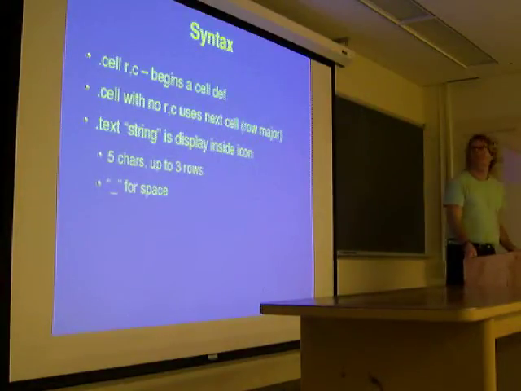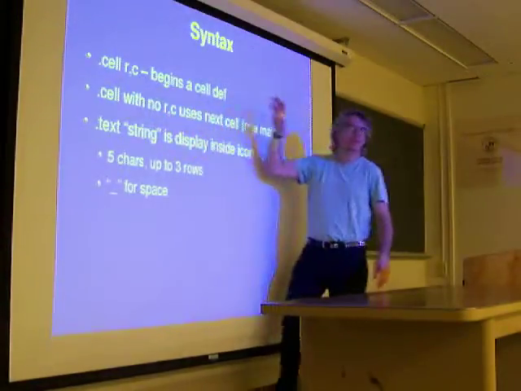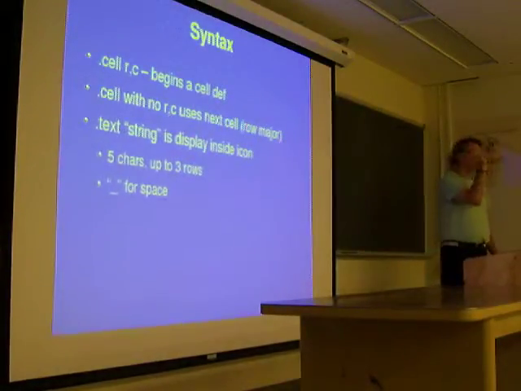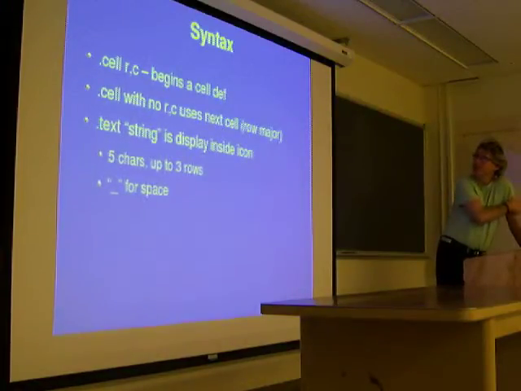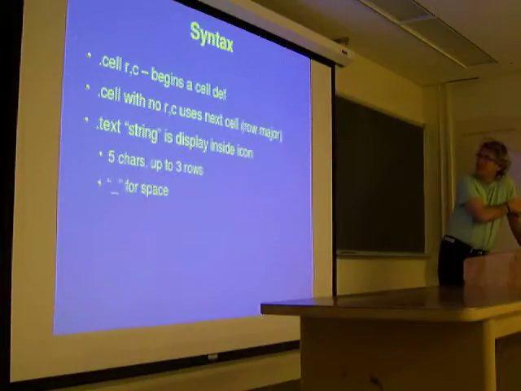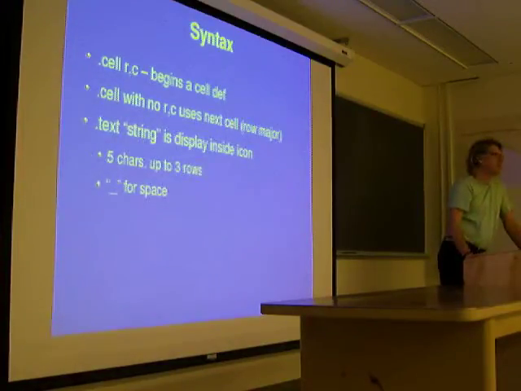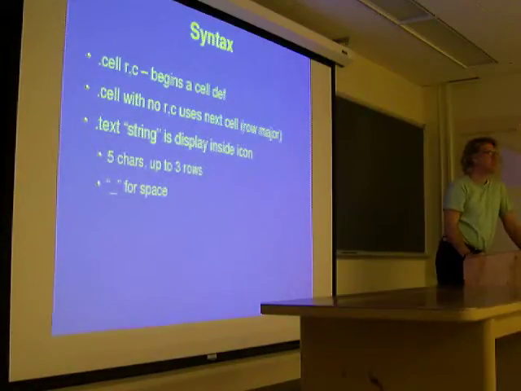So it sweeps row major order through this collection of cells. .text will display a small string inside the icon itself, up to 5 characters on 3 rows, so a total of 15 characters. Not the prettiest font ever, it's a 5x3 font, but it works.